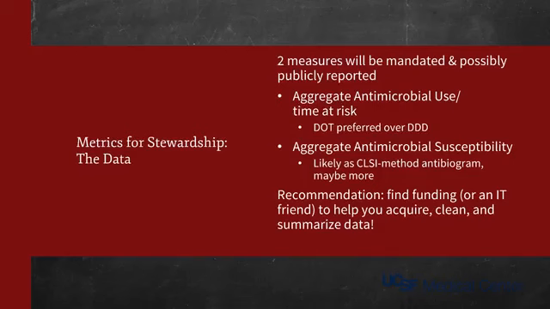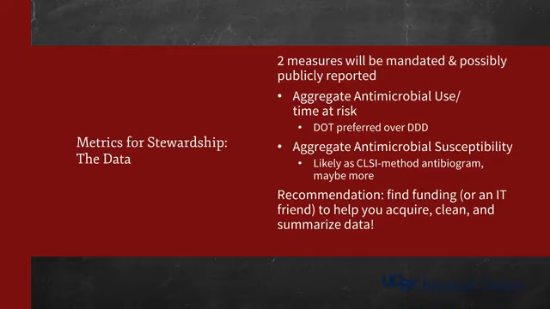In summary, the place to start with antimicrobial stewardship metrics is in making sure you can collect and report 2 measures: aggregate antimicrobial use and aggregate antimicrobial susceptibility. In terms of the best methodologies for doing this, days of therapy is becoming preferred over defined daily doses for measuring aggregate antimicrobial use, and methods of reporting aggregate antimicrobial susceptibility should conform to guidelines put out by CLSI.